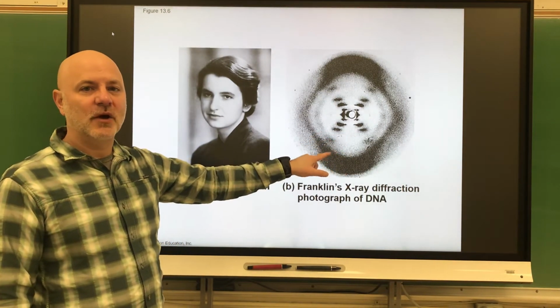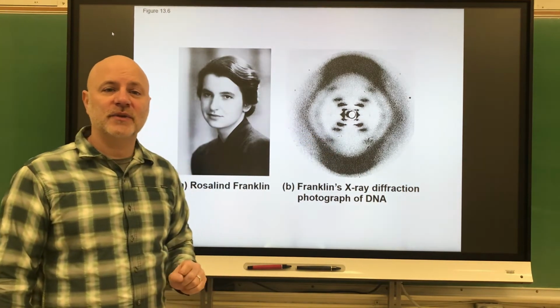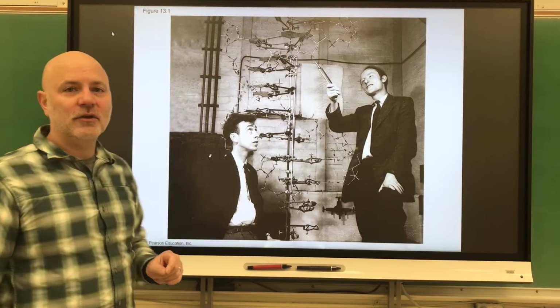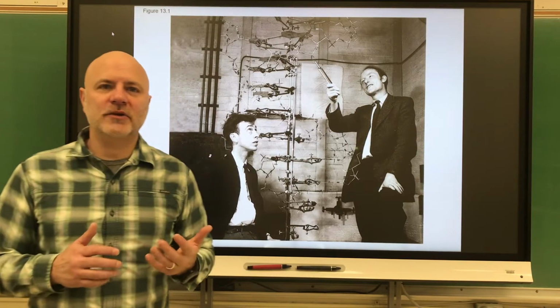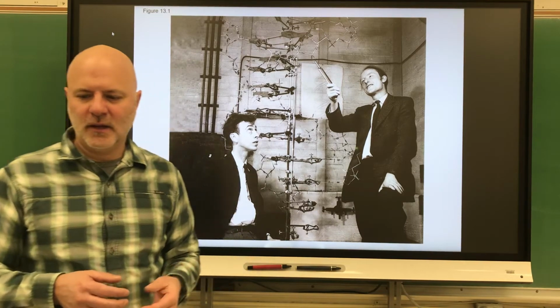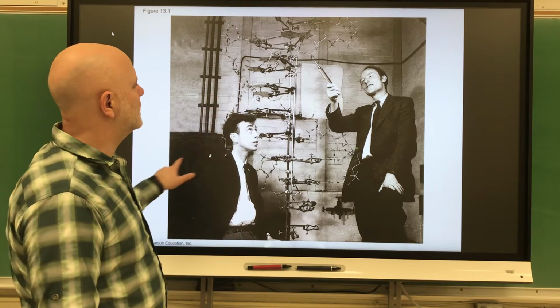Now, this was unbeknownst to her. A colleague of hers had taken this picture out of her possession and brought it to these guys, and they used that and were able to determine that it wasn't just a single helix, but it was a double helix. All right? So they're standing next to a model of this here.